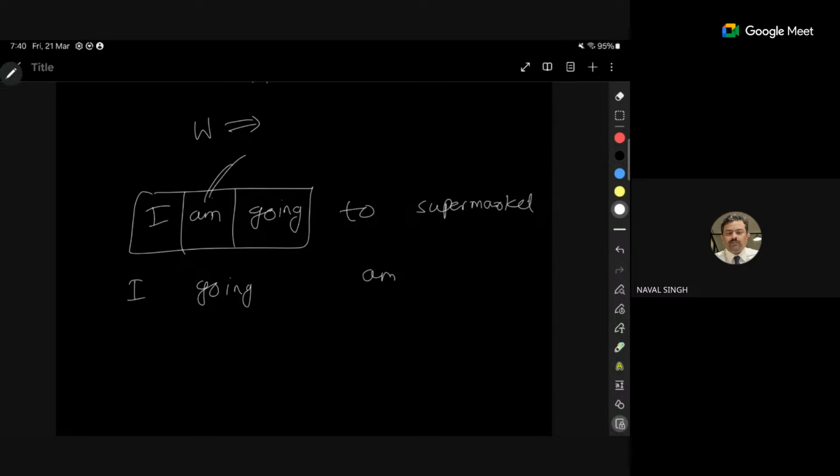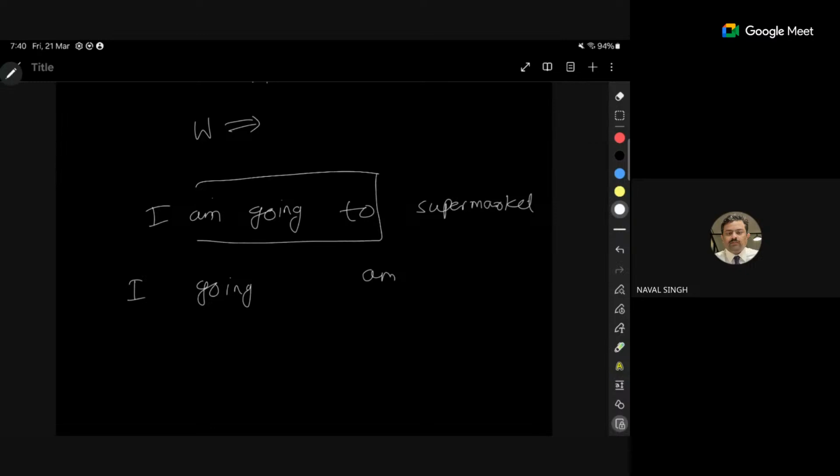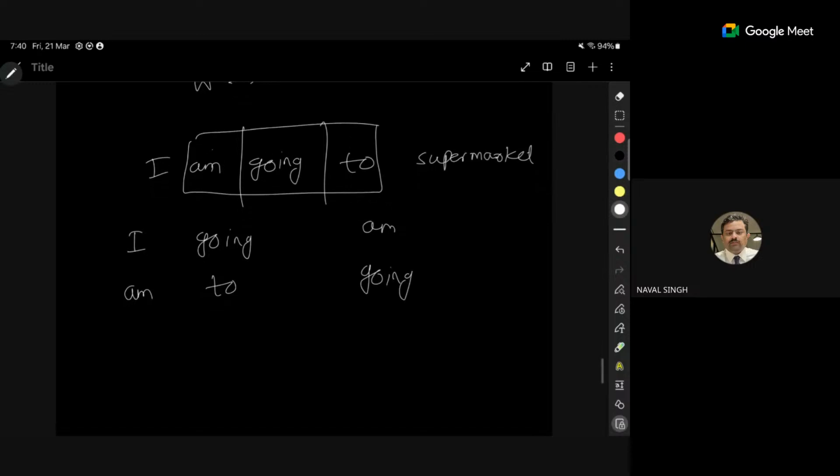Then I'll shift my window by 1. You can decide how much to shift. If I shift by 1, it will shift to here, like this. Then am and the next word, and my prediction should be going. And the same way, it will go to the next point, like this.